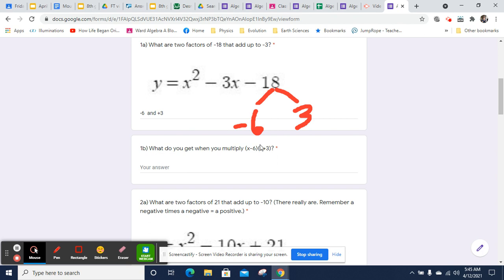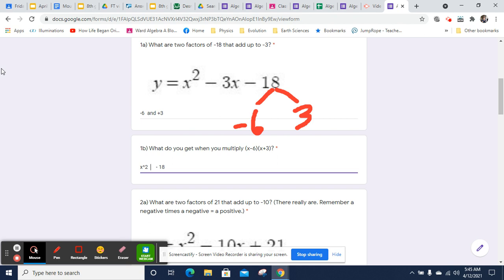Now, what do you get when you multiply x minus 6 and x plus 3? Well, we get an x squared from the x times x. At the end, we have negative 6 times 3, so minus 18.